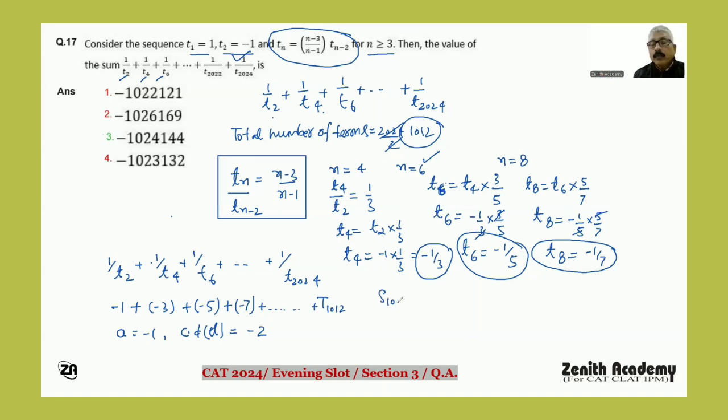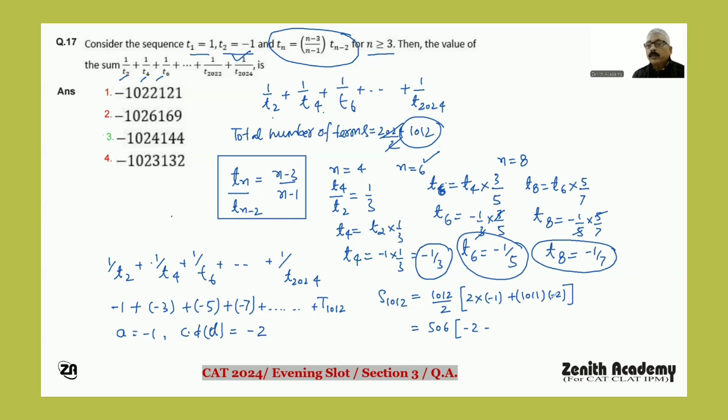Now sum of 1012 terms. You know the formula S is equal to n by 2 into (2a plus (n minus 1) into d), the AP formula. So n by 2 means 506, 2a is 2 into minus 1 plus (n minus 1), so 1012 minus 1 is 1011, into d is minus 2. Simplify it. This is 506 inside minus 2 and this is minus.